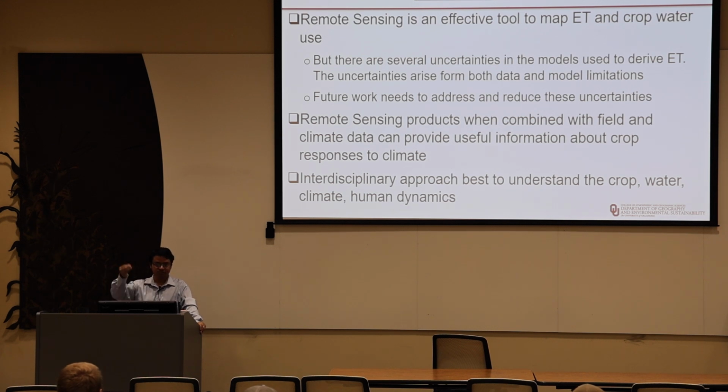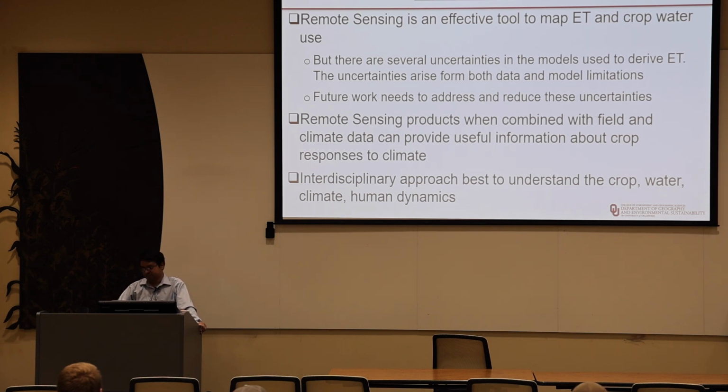So you can use the same algorithm, but get information from a lot of points and regions at the same time, compared to if you go to the field, where you will just get a value for one point, right? With remote sensing, you can map everything, right? And there are different remote sensing products, and also different models. So there is a lot of opportunity to map ET and water use using remote sensing.